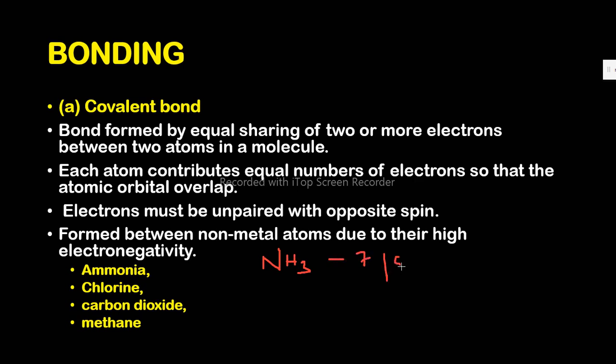Nitrogen, 7, is 1s2, then 2s2, and then 2p3. So you can see in the outermost energy level, the p is half filled. And so the p needs how many? It needs 3 electrons to become stable.